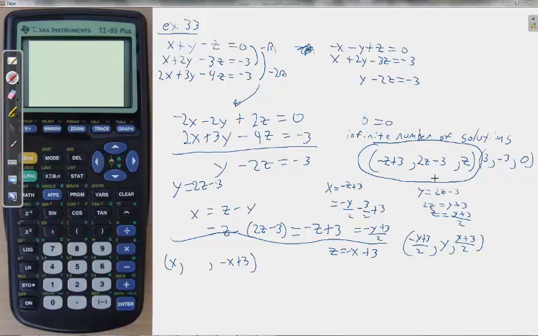And the y coordinate, I'll just probably use this one down here. x equals negative y plus 3 over 2. So 2x equals negative y plus 3. So y equals negative 2x plus 3.